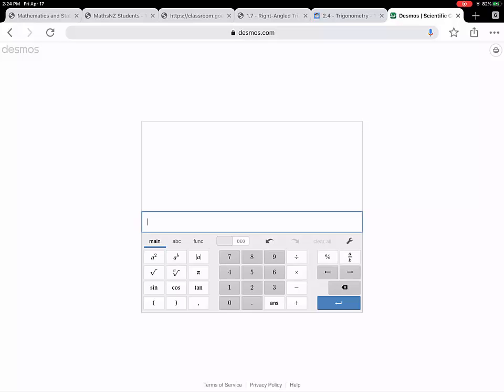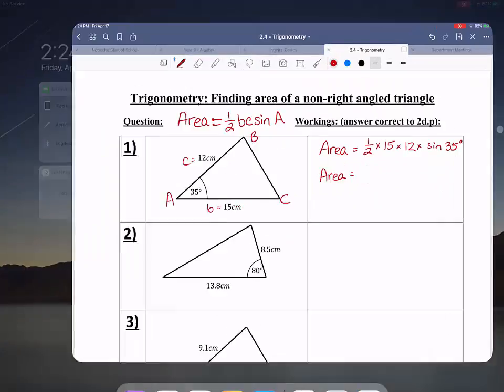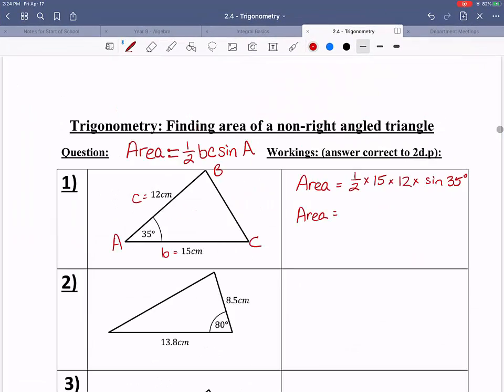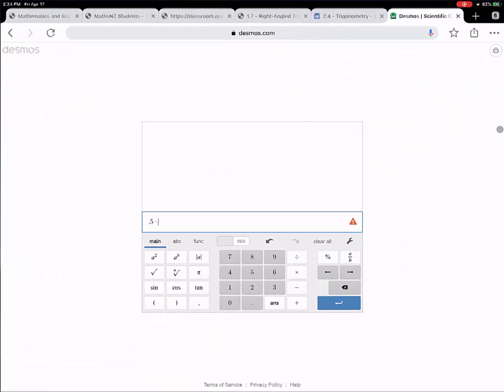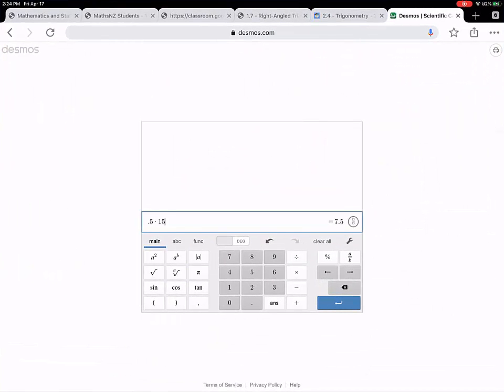So stop and think for a minute. What is 1/2 as a decimal? I would venture a guess that probably 90% of you watching this video know that answer. It happens to be 0.5 times. Now, I don't happen to remember what my numbers were. 15, 12, and the sine of 35. So 15 times 12 times the sine of 35.